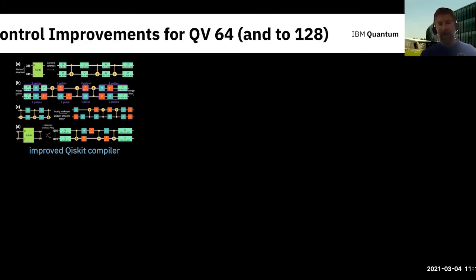What we did instead is we have these linear algebra decompositions that you might test in LINPACK. We do things like KAK decompositions, which allow us to break down any arbitrary SU(4) into one of these circuits with three CNOTs and a few single qubits. So what we actually did here was something that was locally inefficient. We took all the single qubit gates and tried to move them to the left or right of that circuit, if we could, essentially through the entanglers, which would in general make a less efficient circuit on its own.